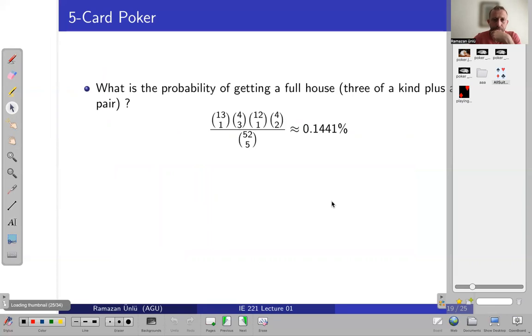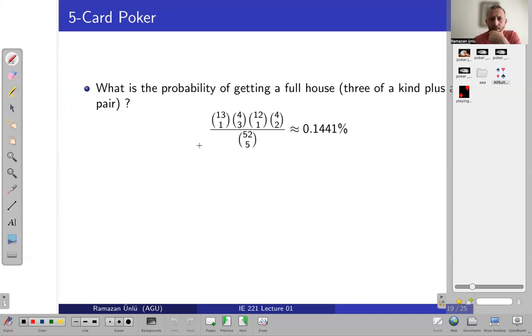This is the answer, and we solved this in the classroom. But to try yourself, please try to solve these questions to make sure you understand the concept of the discrete models.